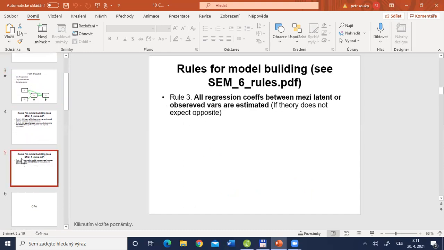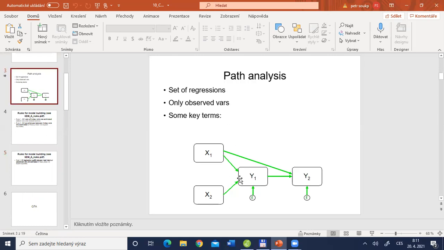And for this introduction today, we would cover 3 more rules. The third rule says that if I take some model, I would take all possible coefficients between latent or observed variables, if theory doesn't expect just the opposite. So for example, here, according to rule 3, not only these arrows would be present in my picture, but also this last one would be here.